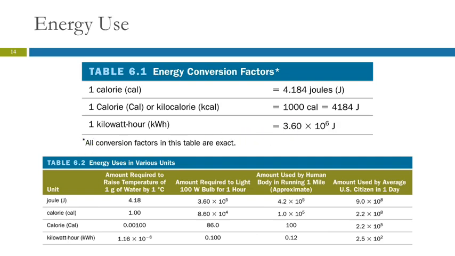It might come up in a homework problem, but otherwise we won't be using that. Just for some idea of how big these units are, we've got some different activities here. Amount used by a human body in running 1 mile, expressed in joules, scientific calories, nutritional calories, and in kilowatt hours, sort of just for your interest.